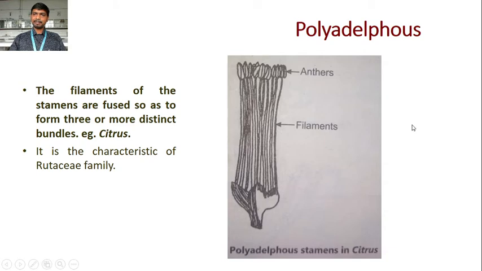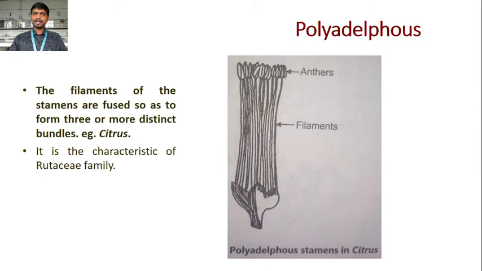Adelphous means filaments are united, anthers are free. So here we can see the 3 bundles where the anthers are free but the filaments are united. This is the one, this one is the second, and this one is the third.